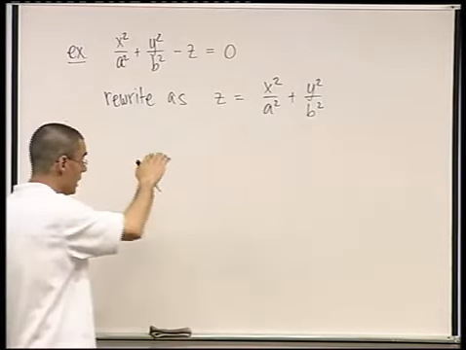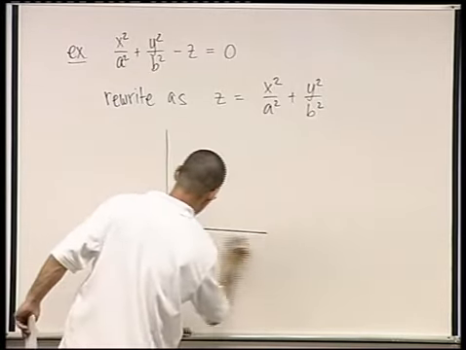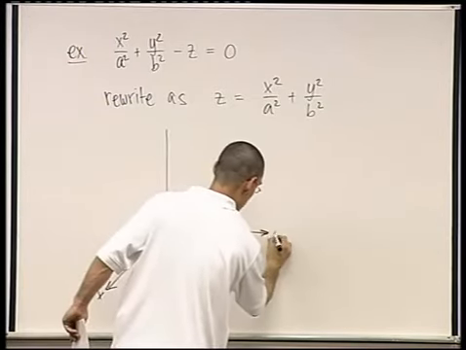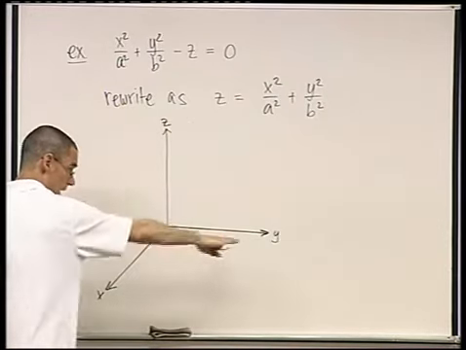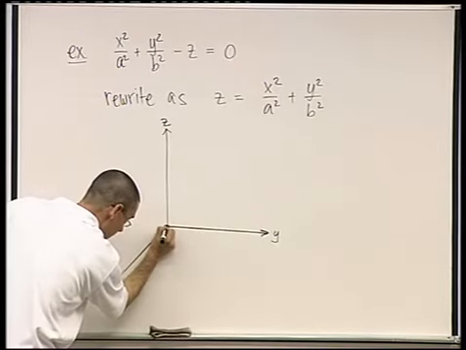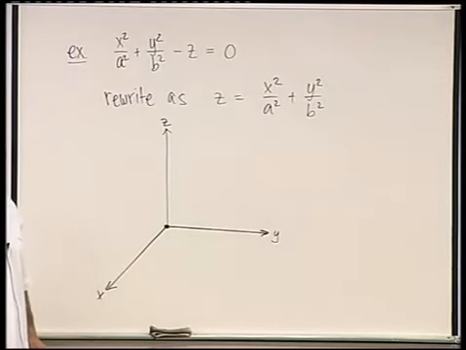So if I look at the okay, let's start drawing. If I look at our three-dimensional space, x, y, z, when z equals 0, that's the xy plane down here, the only point that satisfies this equation that sits on that surface is the origin. Do you agree?